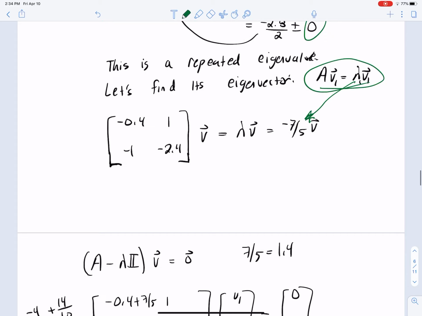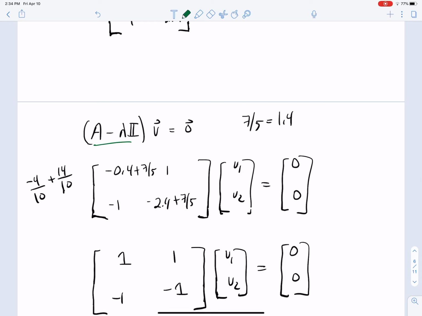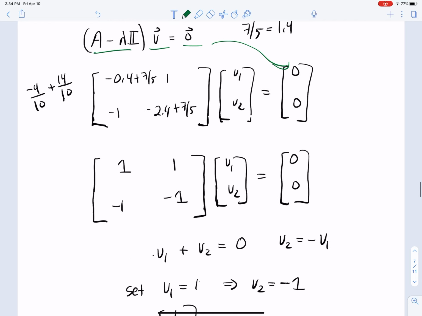You can move this over to set up this solution set equal to 0, and then fill this in. So I get this matrix, and it turns out that minus 0.4 plus minus 1.4, we're going to get a nice matrix surprisingly out of that, right?